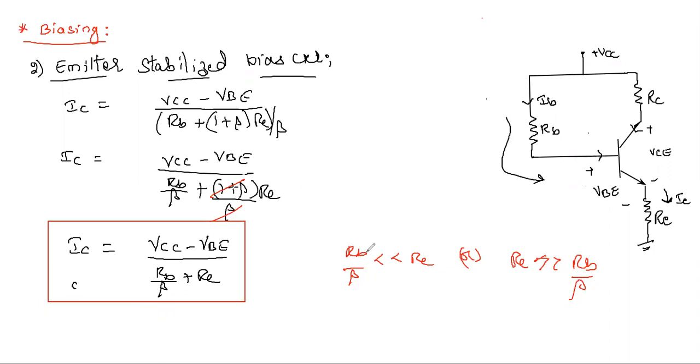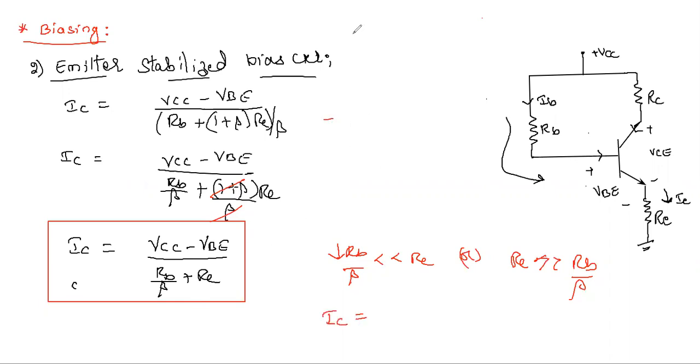That means whenever we choose the value of RB to be very less, we can eliminate RB by beta.